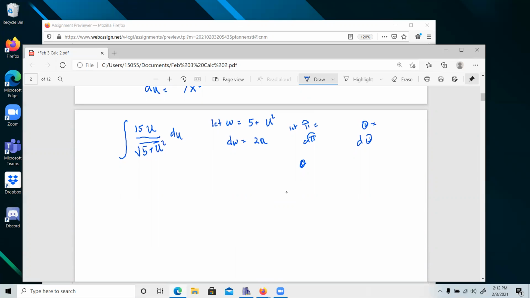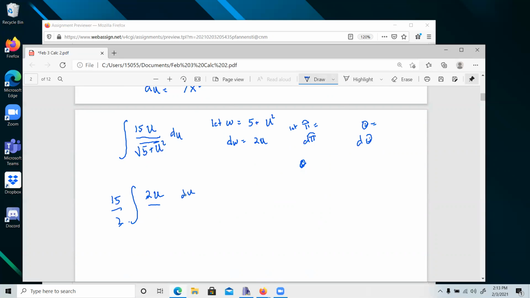We're going to say we have 15 integral, and here's my 2u divided by 2, right? And then du. Oops, I don't want that. Yeah, we're still at du. We're good.